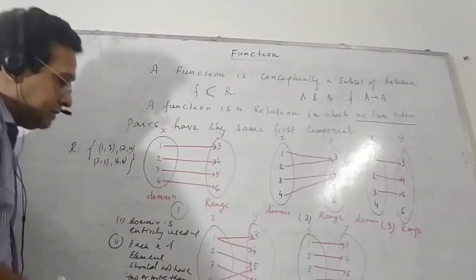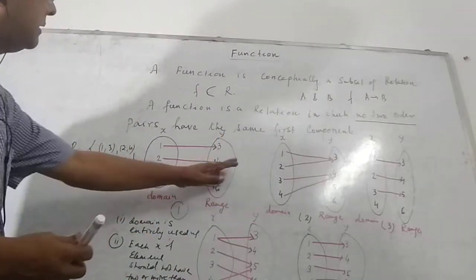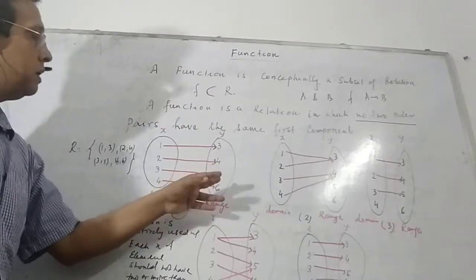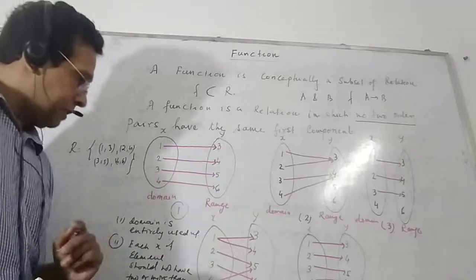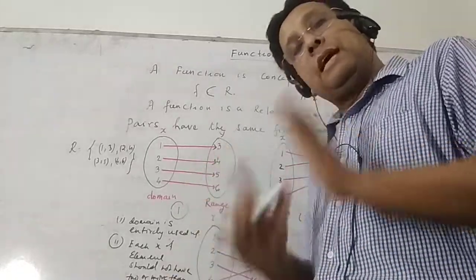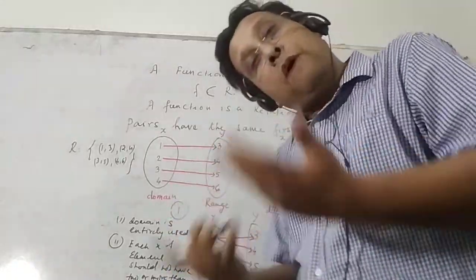These are called images. These are called the domain. Images are actually called the range, as you already know. Here it is called the domain. Now, as I said, we will check these two concepts. If these two conditions are satisfied, we can say yes, the relation is also a function.